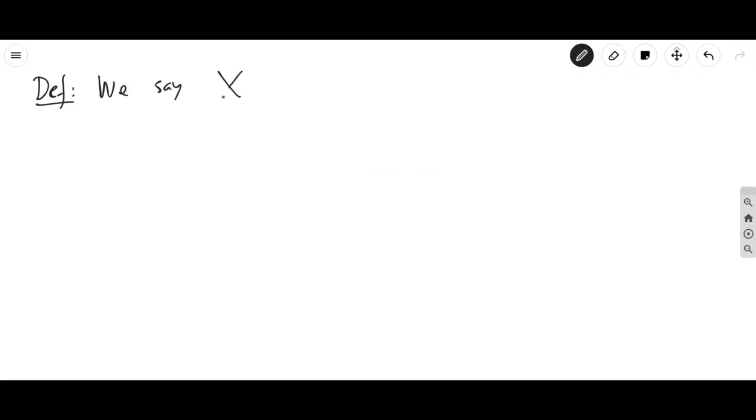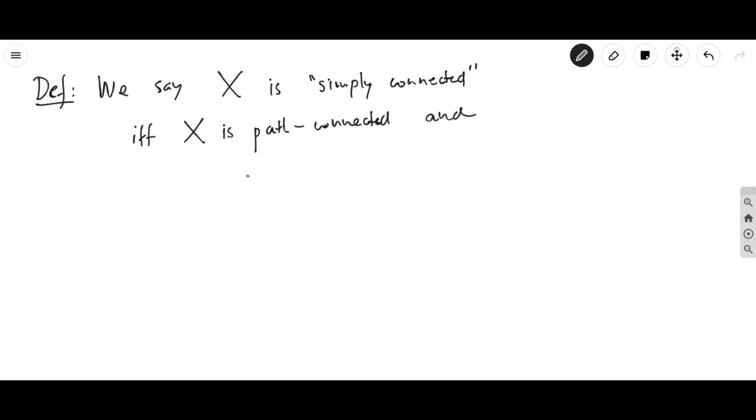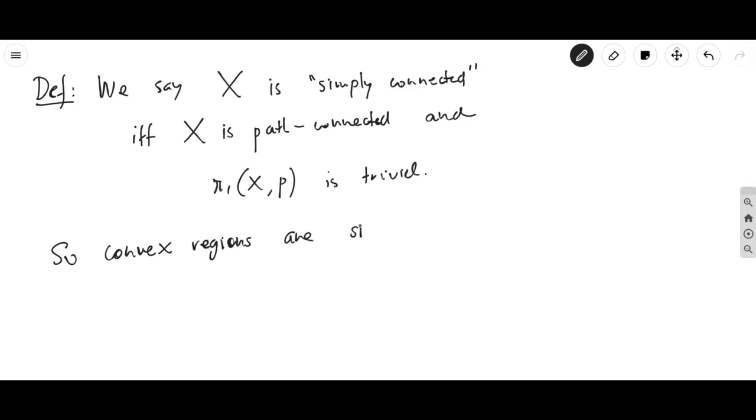We say that a space X is simply connected if and only if X is path connected, so we know what that means, and the fundamental group of X at any point, that does not matter, they're all isomorphic, is trivial. So convex regions are simply connected, but not conversely.